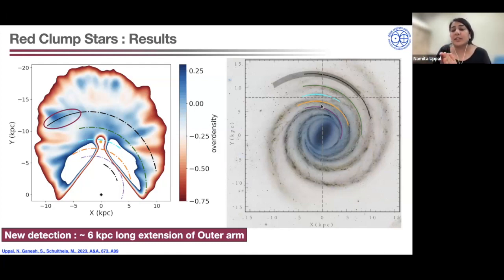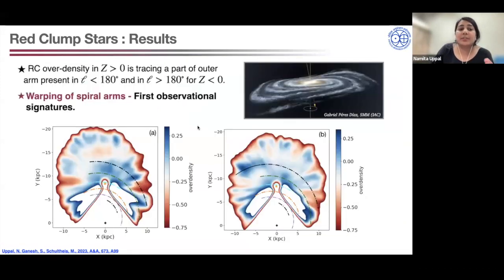Next, we wanted to check the asymmetry above and below the galactic plane. So for that, we analyzed the data and did a similar exercise, but for the stars that are above the galactic plane and below the galactic plane separately. The left-hand image represents the stars above the galactic plane, and the right-hand image represents the overdensity of stars below the galactic plane.